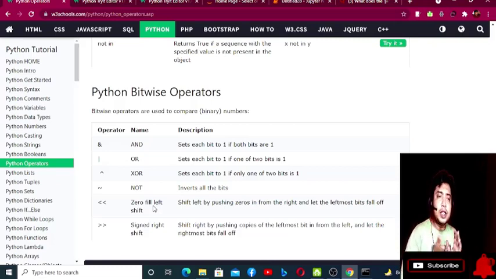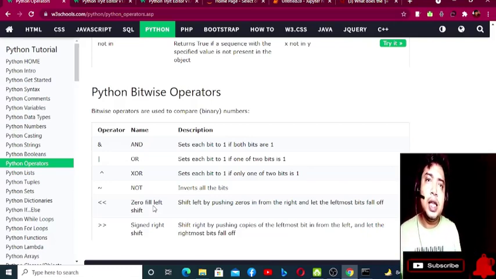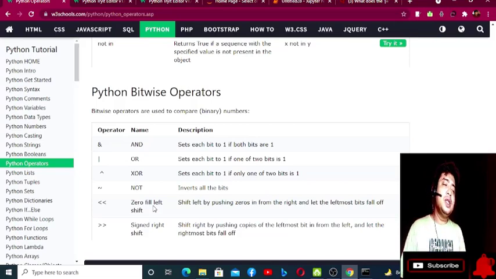If I want to shift a number towards left, or towards right, then we have to use this kind of sign.